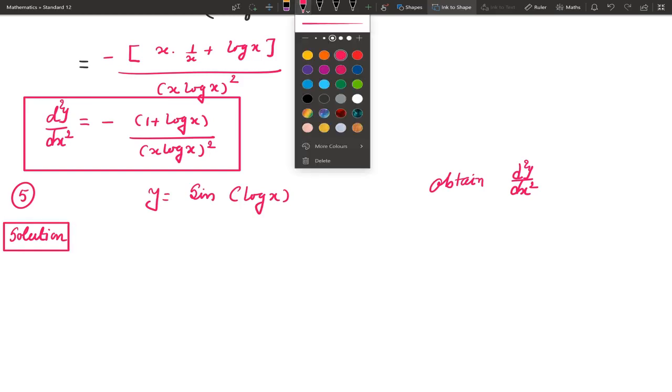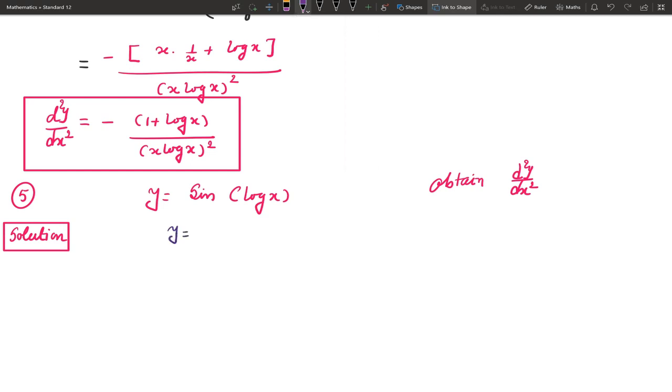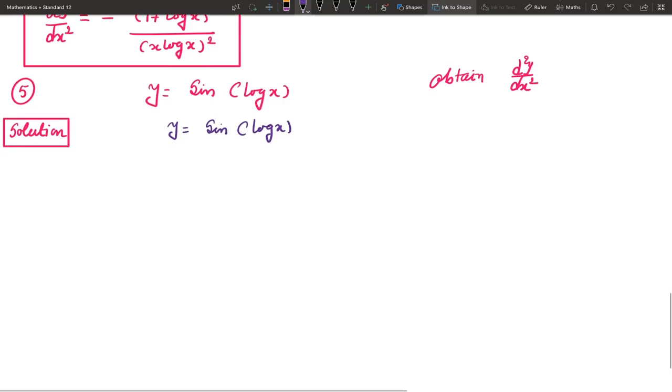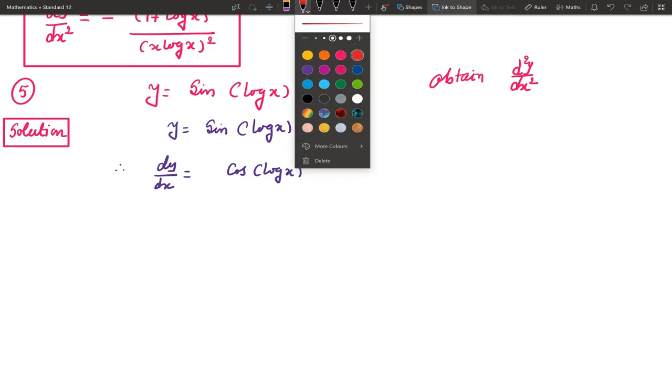We have given y equal to sine of log x, so dy by dx, derivative of sine, it is cos log x into, by chain rule, d by dx of log x.